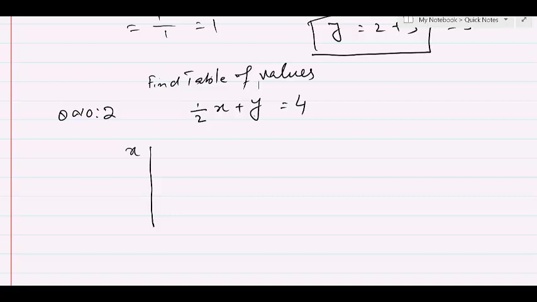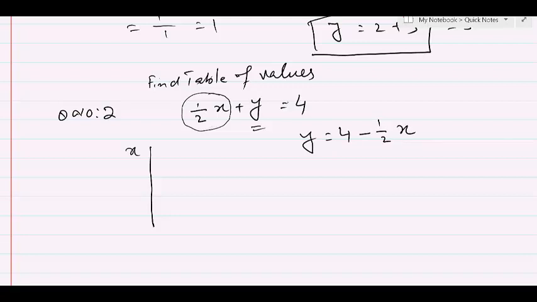But let's first transform this equation into a form where y is isolated on the left side. If we want to isolate y on this side, we have to transfer this whole term to the other side. So this would give us y is equal to 4 minus 1 by 2 x.